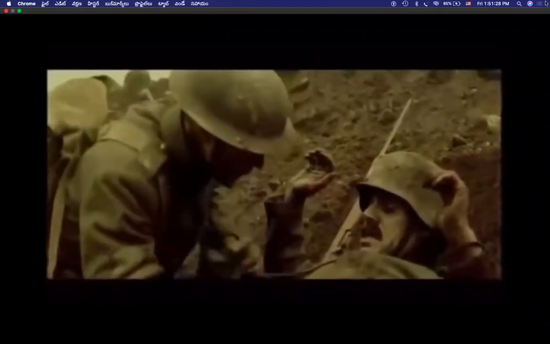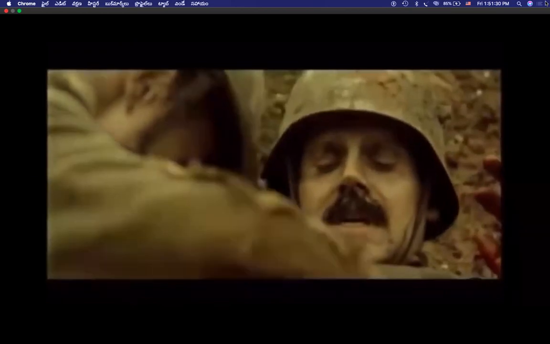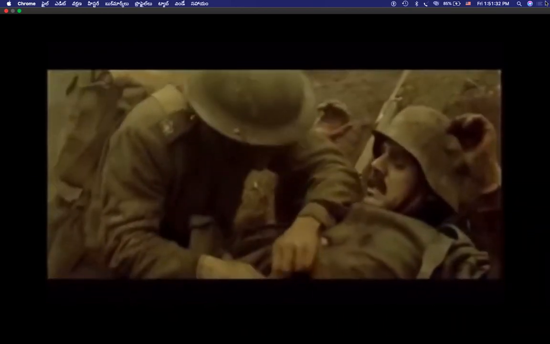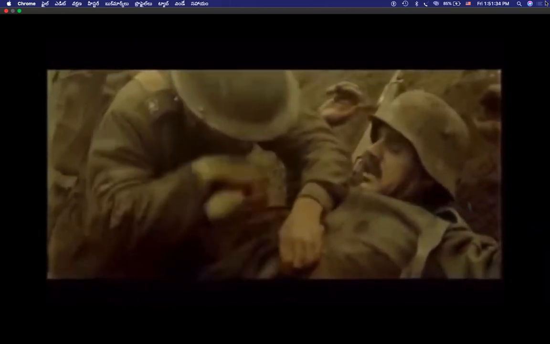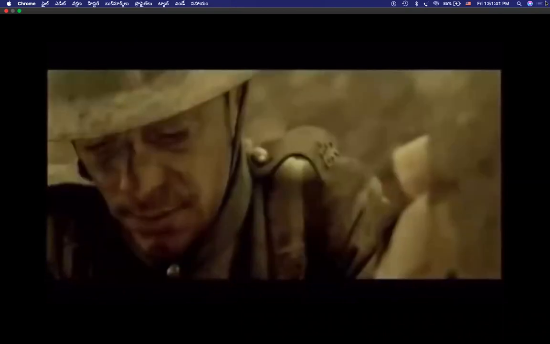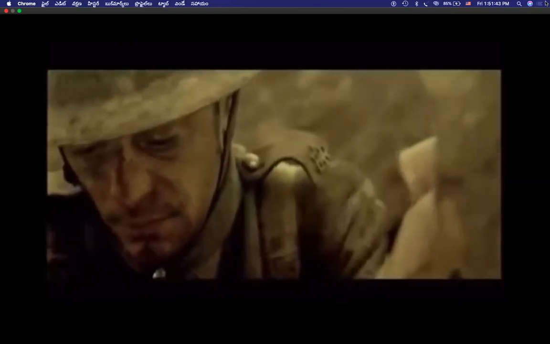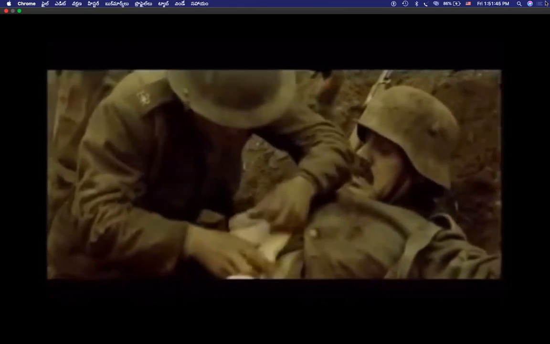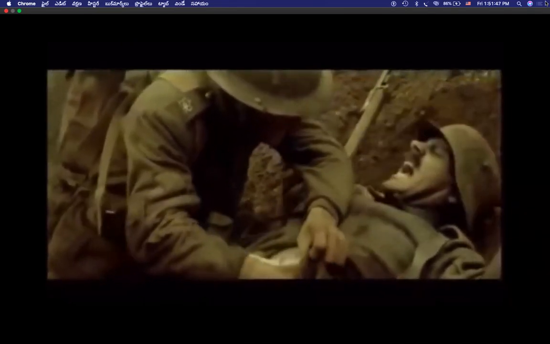So he's trying to save him actually. Seeing his pain, he was a little bit frustrated, so he wanted to save him with all the wounds. The wounded person is a German soldier and he is an English soldier who is now treating him.